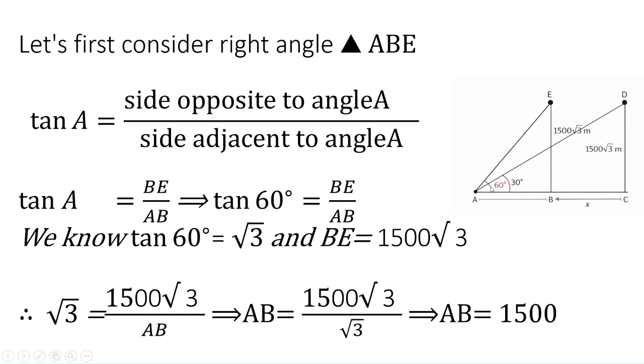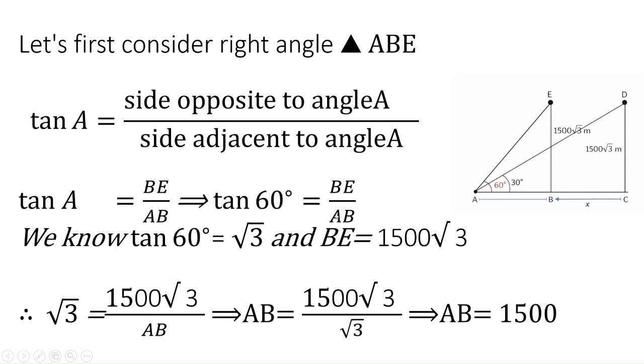Tan A is equal to side opposite to angle A by side adjacent to angle A. Side opposite to angle A is BE, the height at which the jet plane is above the ground. So BE by AB, the initial distance on the ground. So tan A is equal to BE by AB, where A is the initial angle of elevation, 60 degrees.